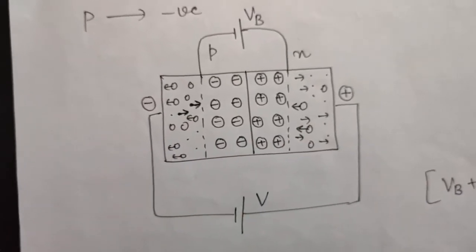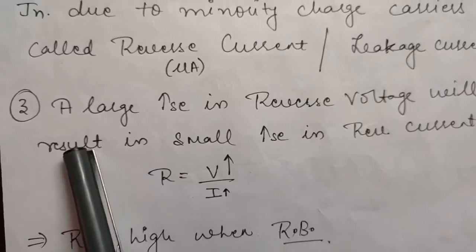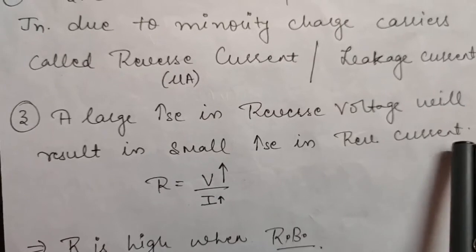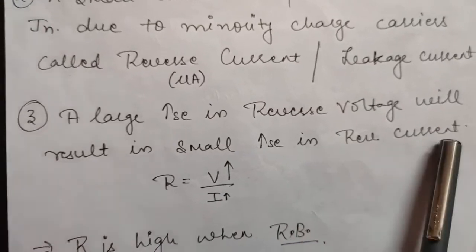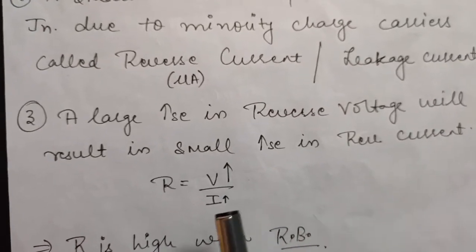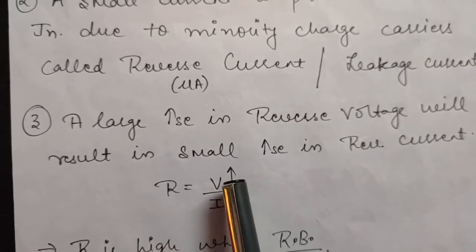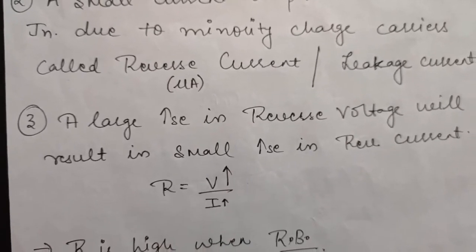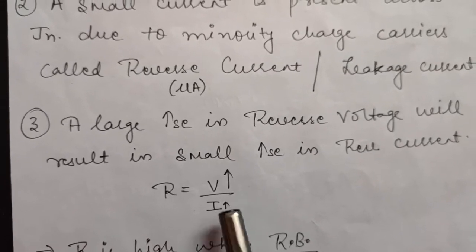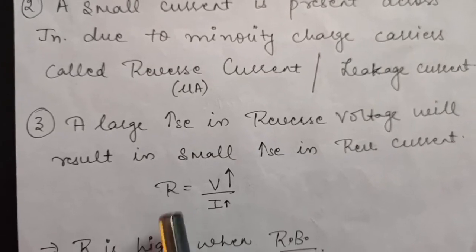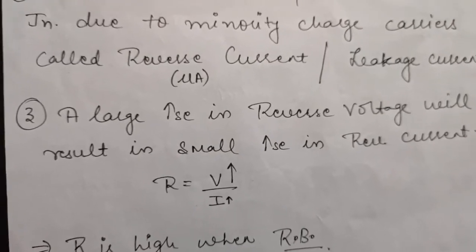So you can say a very large increase in reverse voltage will result in a small increase in reverse current due to the small amount of minority charge carriers. Again, by Ohm's law, R is equal to V by I, for a very large increase in voltage, there is a very small increase in I. So this means the resistance of the PN junction is very high when it is reverse biased.